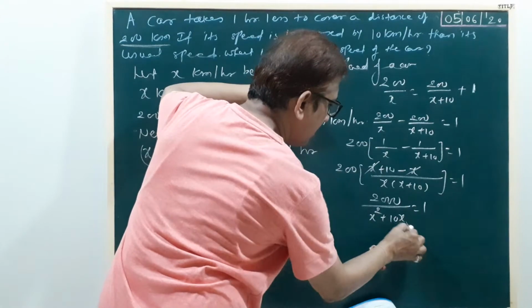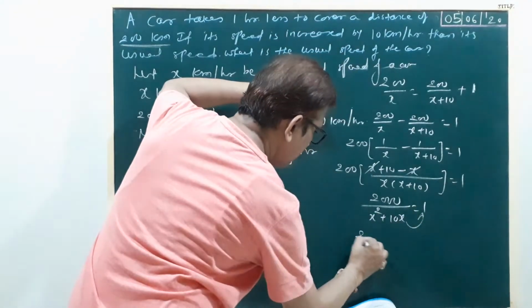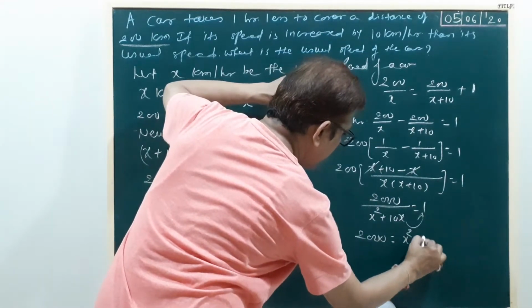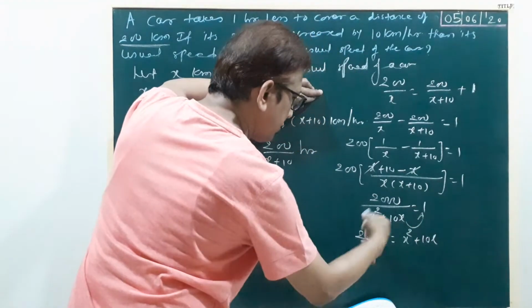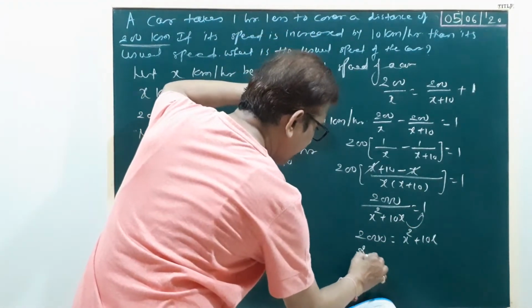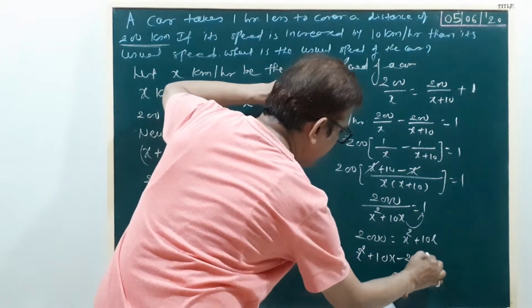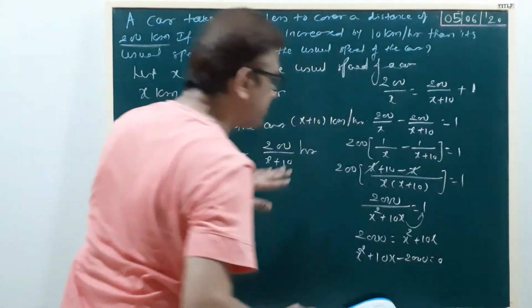Now 2000 equal to x square plus 10x. Now 2000 is subtracted on the right side, so our quadratic equation is x square plus 10x minus 2000 equal to 0.